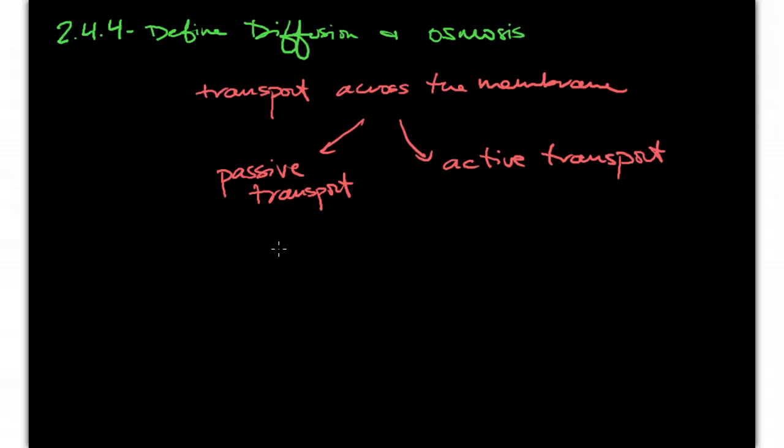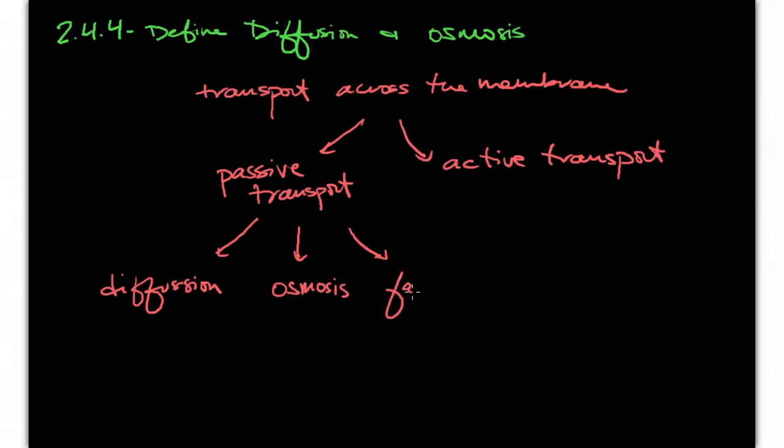There are three kinds of passive transport that we're going to talk about: diffusion, osmosis, and facilitated diffusion.